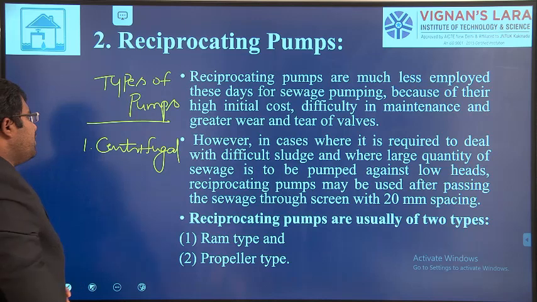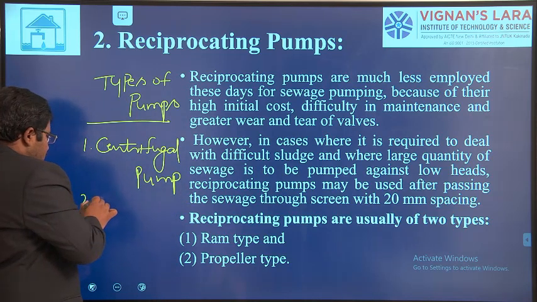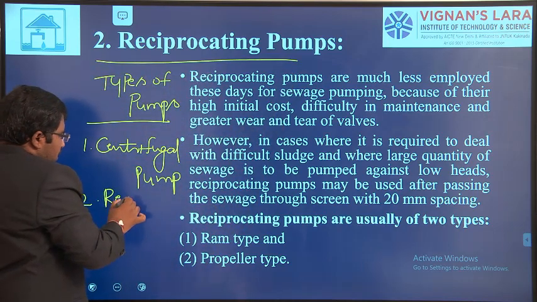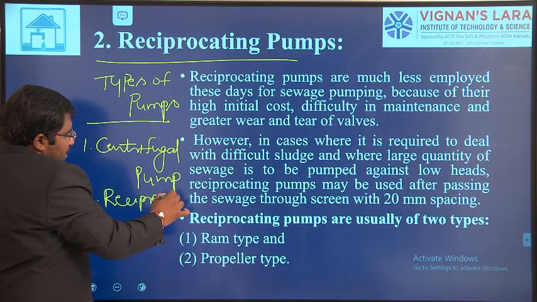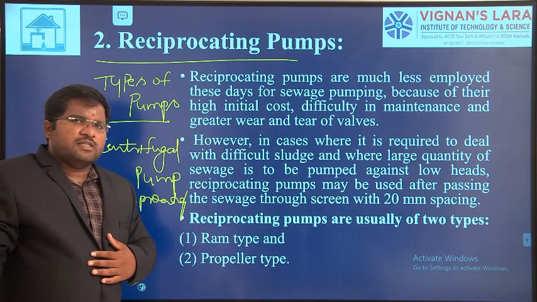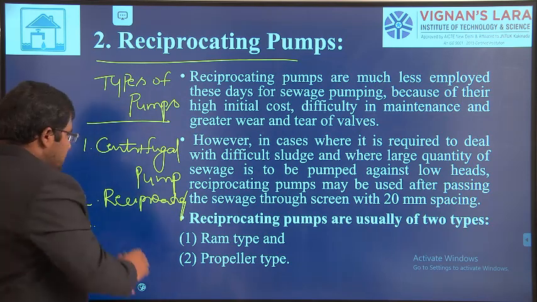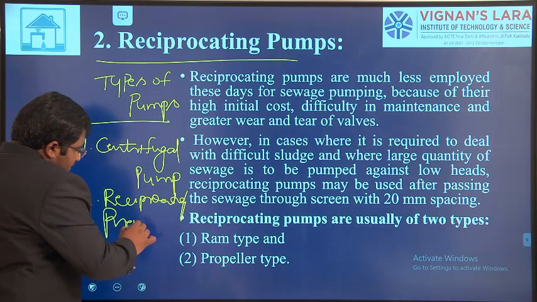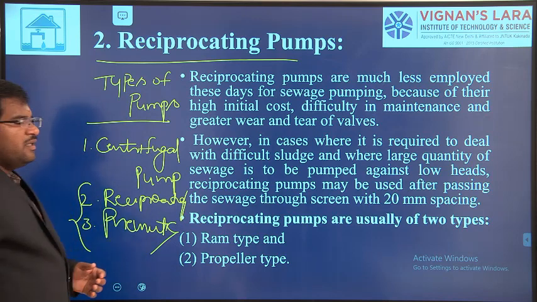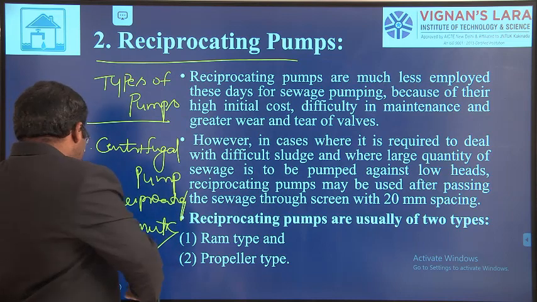Next we are going to discuss the reciprocating pump, and how it is useful for sewage pumping. Then we will discuss the pneumatic pump. These two are discussed in today's class. So let's start with the reciprocating pumps.